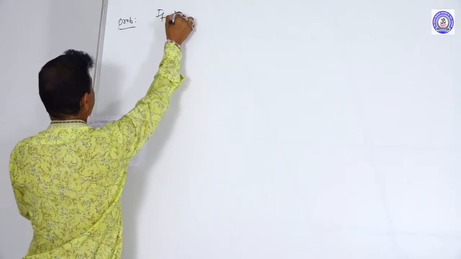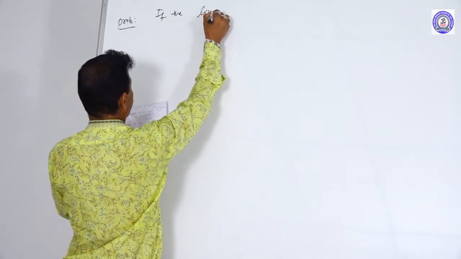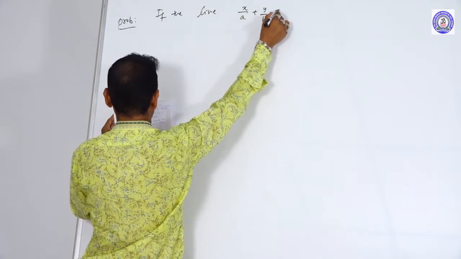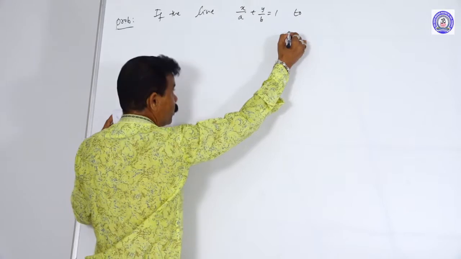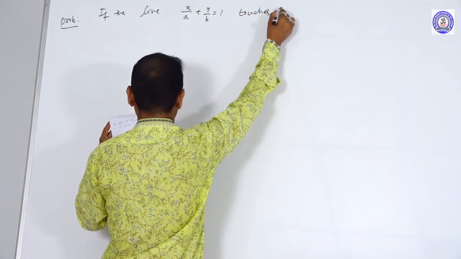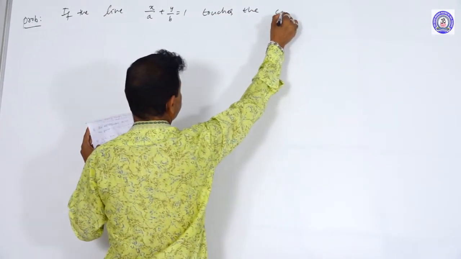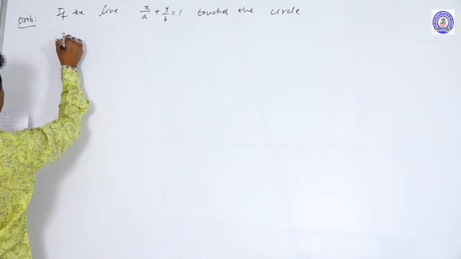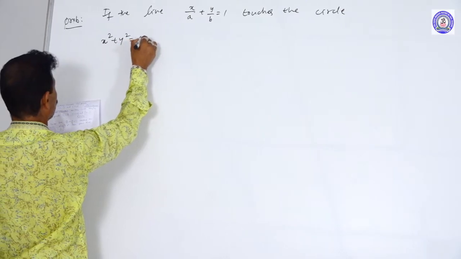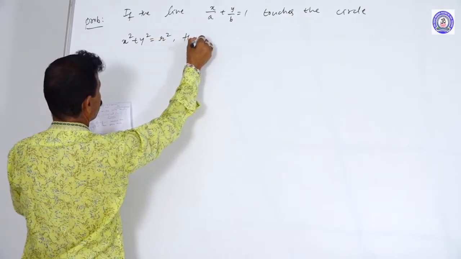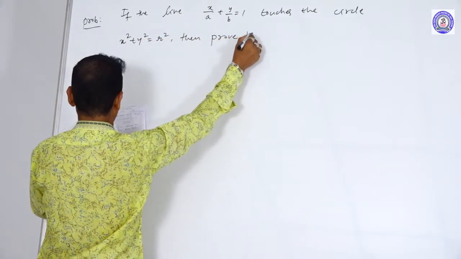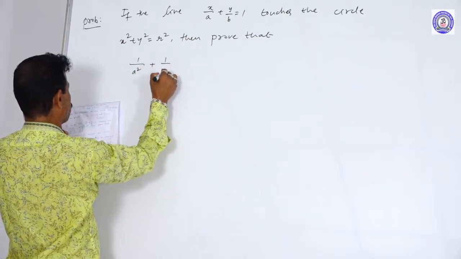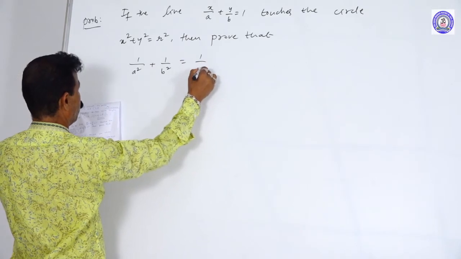Now, if the line x/a + y/b = 1 touches the circle x² + y² = r², then prove that 1/a² + 1/b² = 1/r².